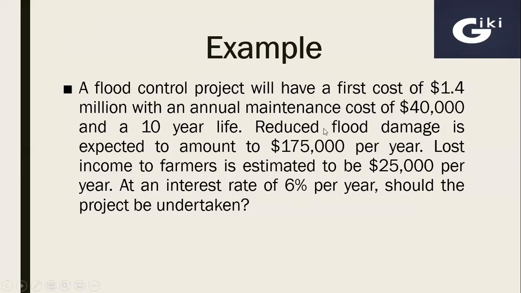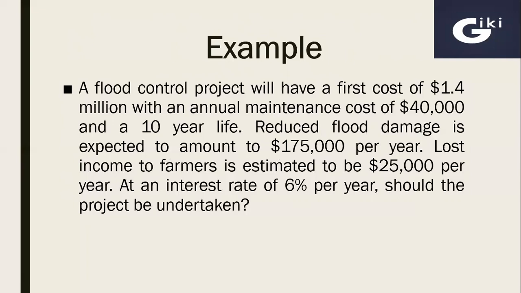Then the next thing is reduced flood damage is expected to amount to $175,000 per year. So this is damage but reduced. So this project will reduce the damage by $175,000 per year.